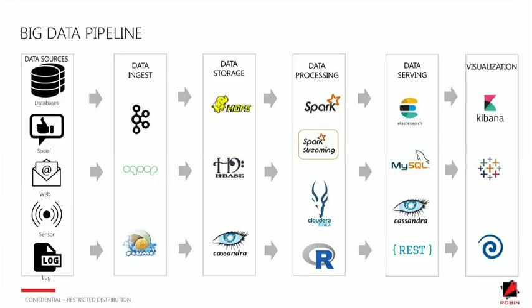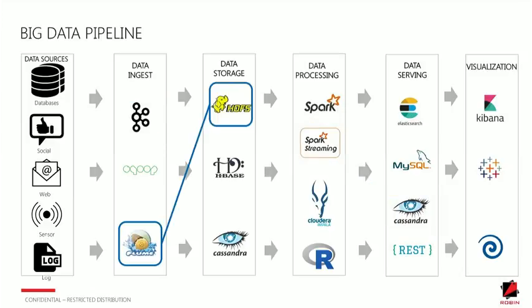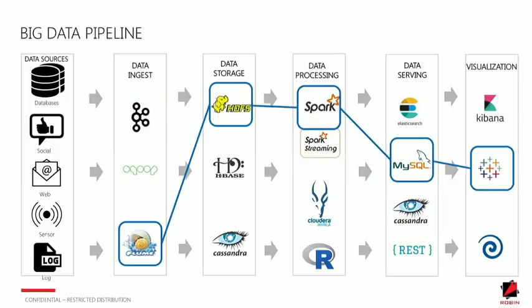So it's not very easy when it comes to building your own data pipeline. For different use cases, different pipelines need to be built. It can be data ingest through Kafka, Spark Streaming, and Cassandra, which is very popular these days. Recently, I worked with a big company where they are capturing some sensor data, and this is their architecture: Flume to HDFS to Spark to MySQL to Tableau.